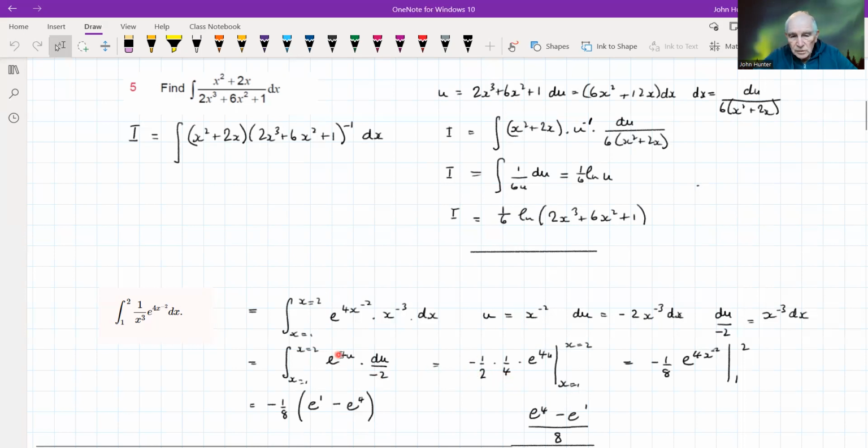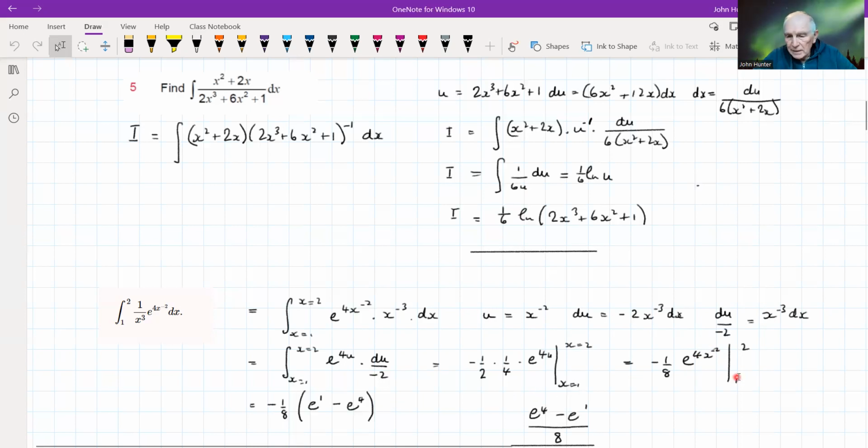And then if we integrate e to the power of 4u du, we're going to get a quarter e to the power of 4u. Substitute back in for u, which is x to the power of minus 2, and we basically get this evaluated between 2 and 1. We can do that. 2 to the power of minus 2 is a quarter, multiplied by that 4, that's going to give us 1.